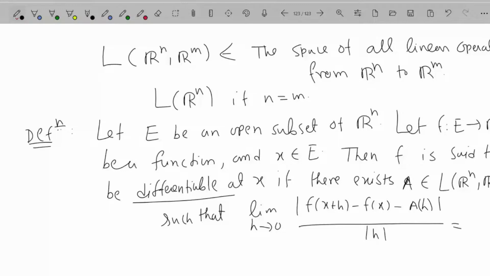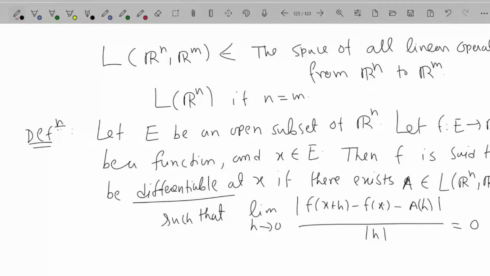Be very careful. In the numerator we have a mod in which space? In Rm, and this is a mod in Rn. Otherwise, if we don't take the mod, this has no meaning. Therefore we have to write this definition with mod.